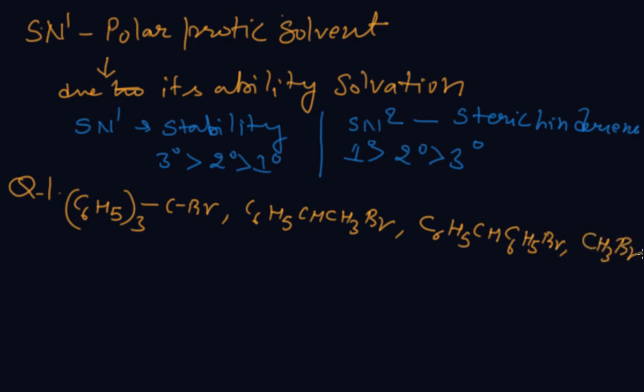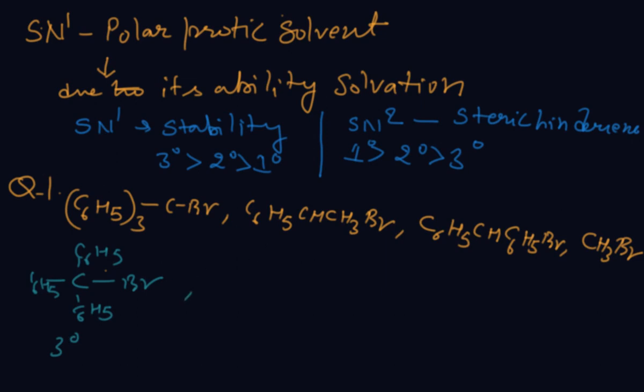First of all, you must try to open this one. If I open this one, I'll get the carbon, and here is C6H5 and C6H5, and it is Br.